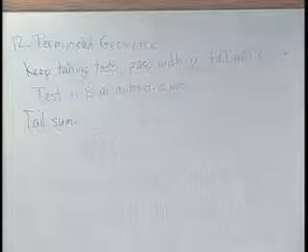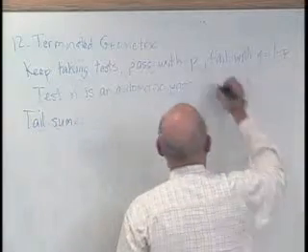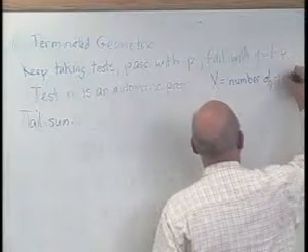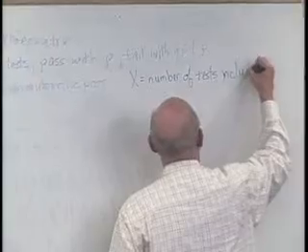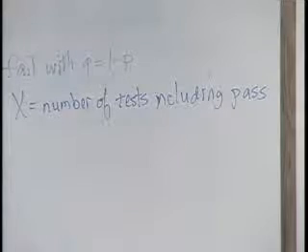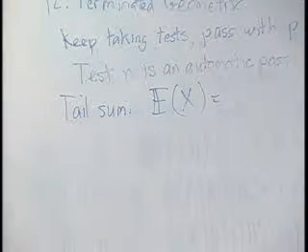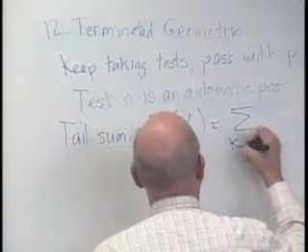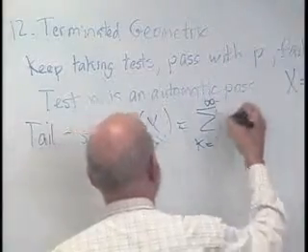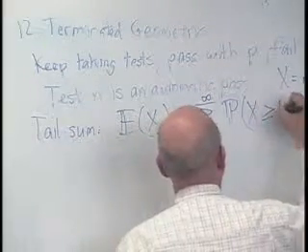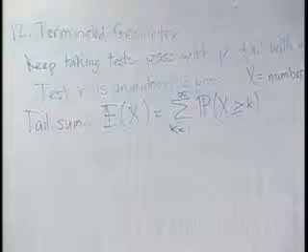So the expectation of the random variable x, which is the total number of tests, including the final pass, the tail sum theorem says the expectation of that random variable, since it's a random variable that assumes only integer values, is the sum from k equals 1 to infinity of the probability that the random variable has a value at least as large as k.